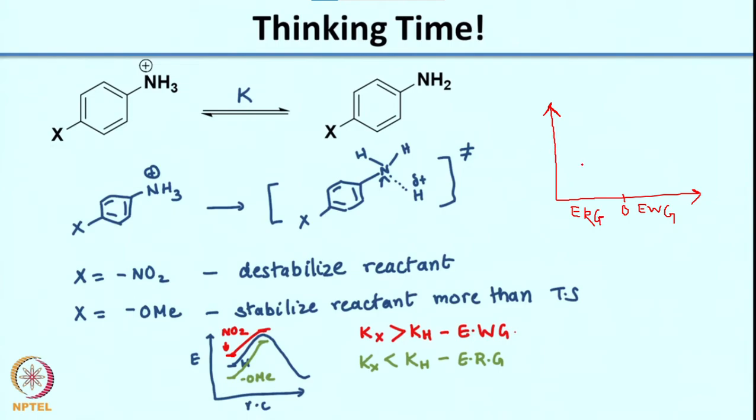Right? So what will be the Hammett plot here? This way, a positive slope, because for the electron withdrawing group kx is higher than kH, right? Here suppose we have H, so kx is higher than kH, so we will get a positive slope here. Got it?